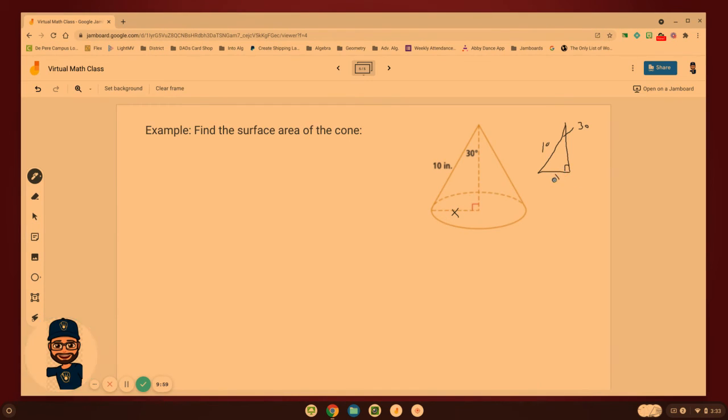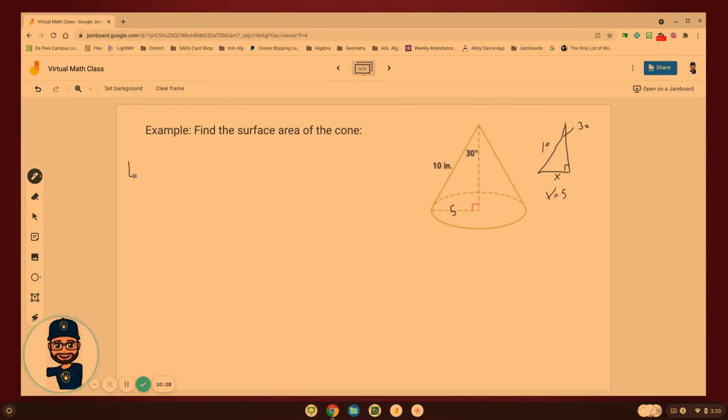But if we look at a 30, 60, 90 triangle, the hypotenuse 10 is twice this short side. So x would have to equal 5. So that short side, the radius of the circle in this case, is going to be 5. Sometimes we've got to use previous knowledge to help us find missing information. Sometimes they give it to us.